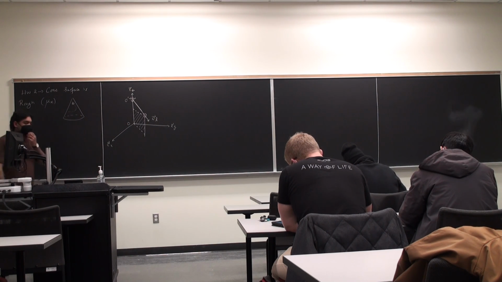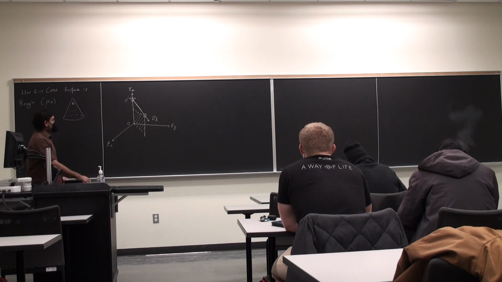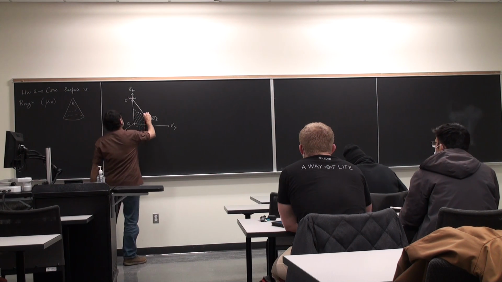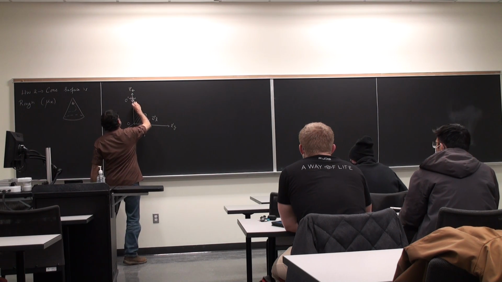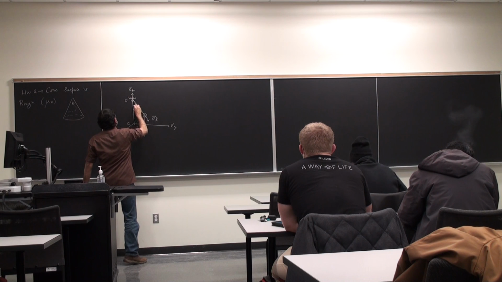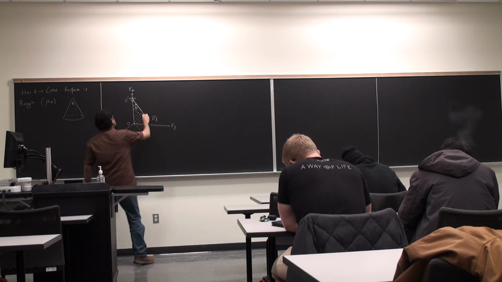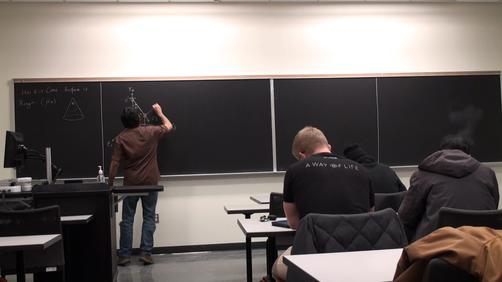Which means I can set up a unit vector along the length of the string of the pendulum. We call it E suffix L. Then the second unit vector, please notice, is going to be perpendicular to the length of the string. If I call that angle theta, it's going to be in the direction of increasing theta and perpendicular to the length of the string.